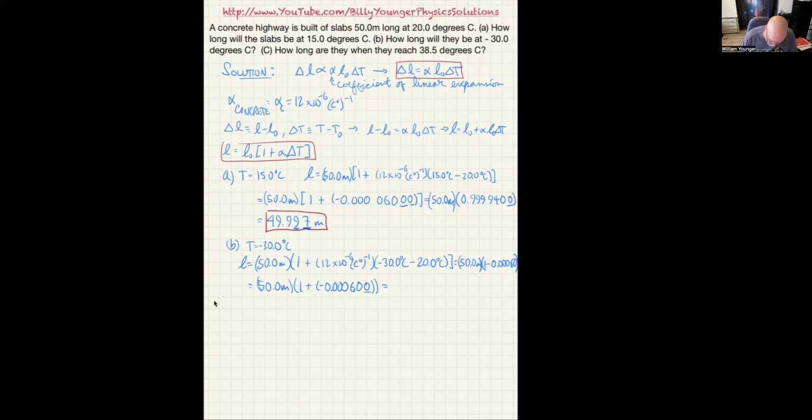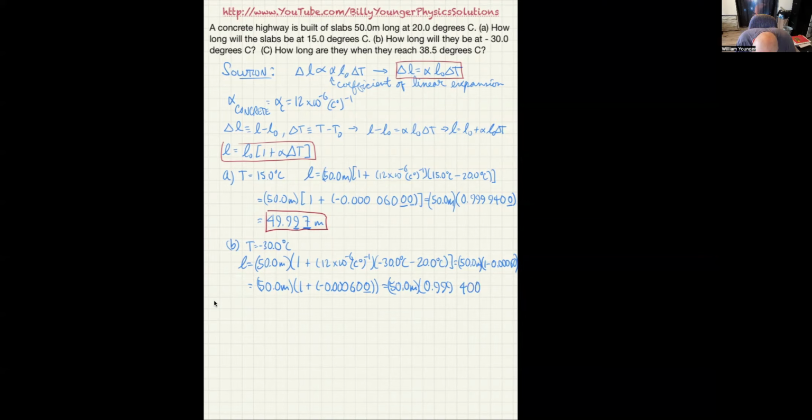So now we add 1 to that, and that gives us 50.0 meters times 0.999 space 4. Now that 4 is the 4th decimal place, which you can see is the same place as the 6. So that means we've got a 4 or a 0 after that.